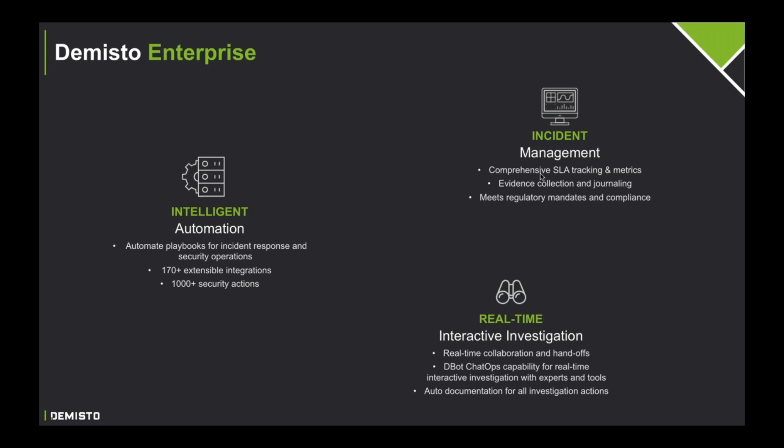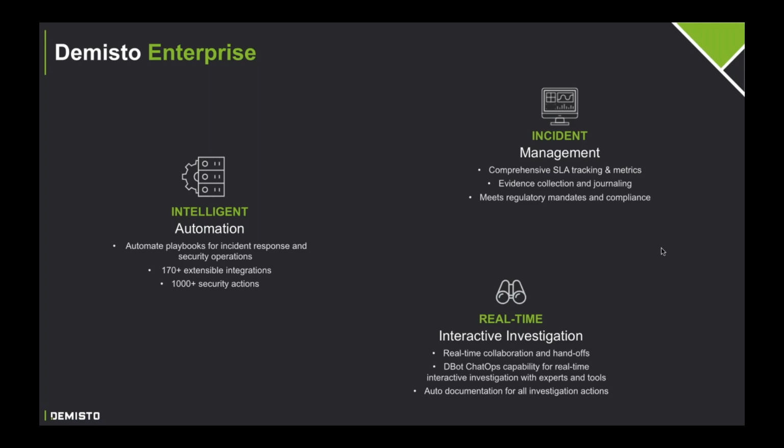Demisto automates playbooks, so we have 40 plus built-in playbooks that come out of the box, as well as a good capability to customize the playbooks, create your own playbooks, copy the existing system default playbooks and reuse them. So these playbooks really help analysts to quickly get started for the response actions. And there are thousands plus security actions that Demisto has built into the system, as you'll see in the demo. And security analysts really can save time by simply getting those actions into the play.